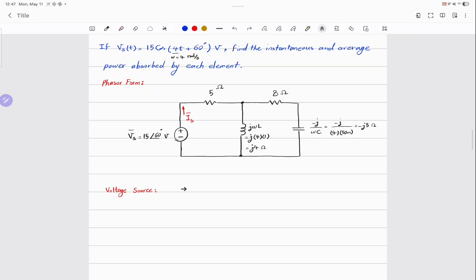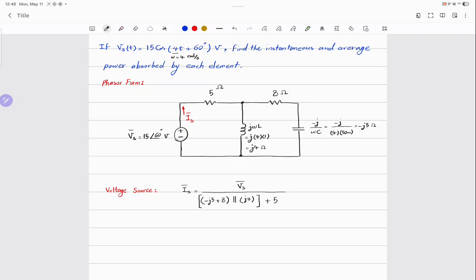So I'm going to write it like that. IS bar is equal to V bar over negative j5 plus 8 in parallel with j4, plus 5.